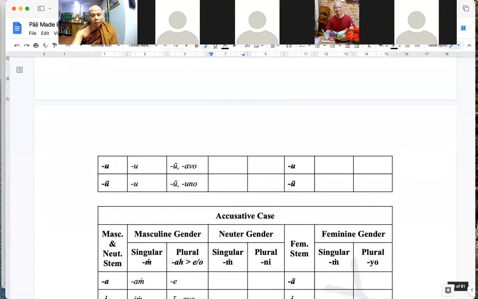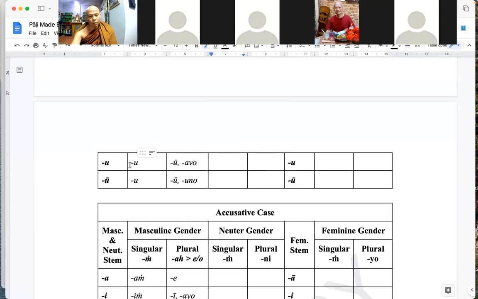Okay. And then for the u, in masculine it is garu, garu, garavo. But in neuter, the first one is the same, the second one becomes long ū, and the last form is plural, so to the u, ni is added. So that is jaku, jaku, jaku-ni.